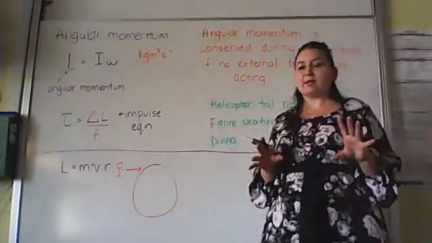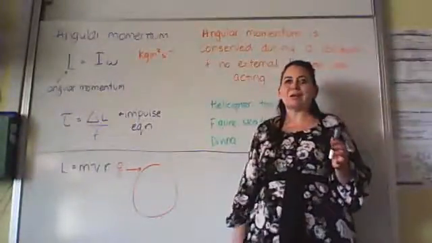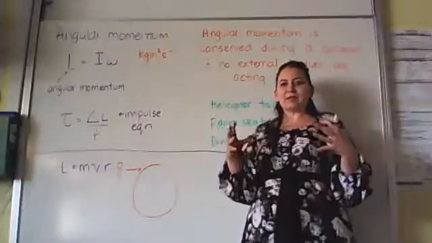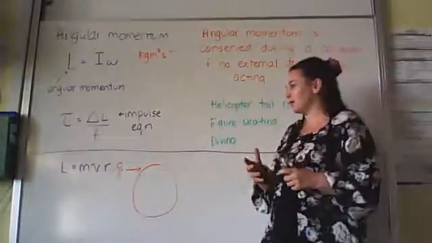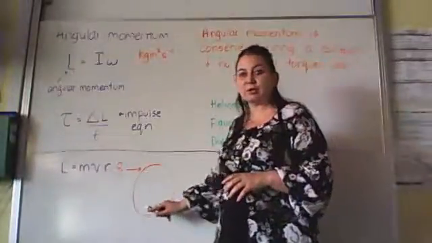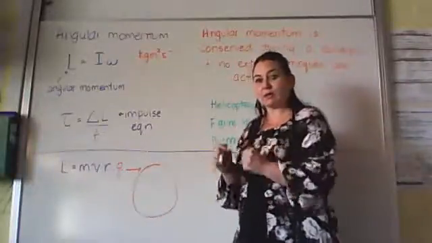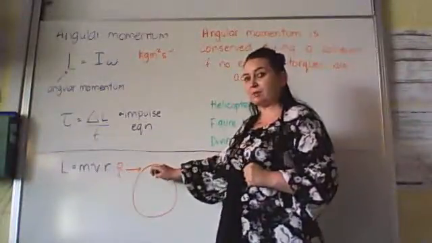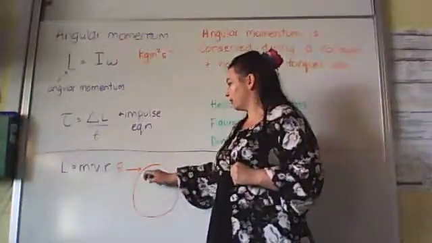Now, a lot of scientists will talk about something as if the straight line object, the translational object, has angular momentum. Some of the examples they give are things like, you've got a stationary merry-go-round, and here it is, we're looking down on it. A person runs along and jumps onto the merry-go-round, and the merry-go-round will start turning.